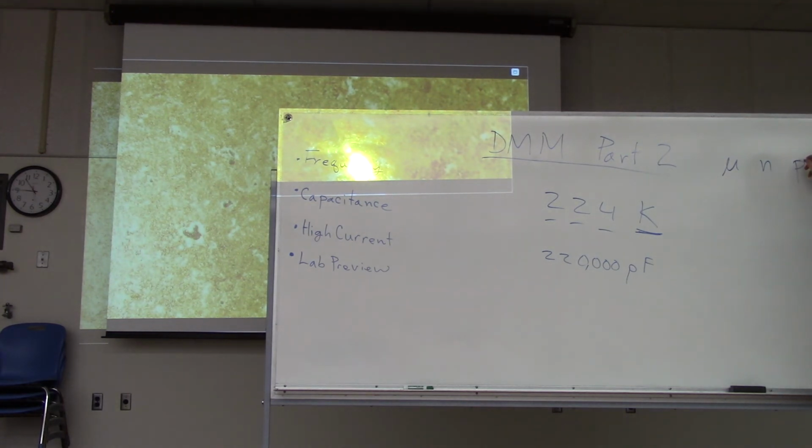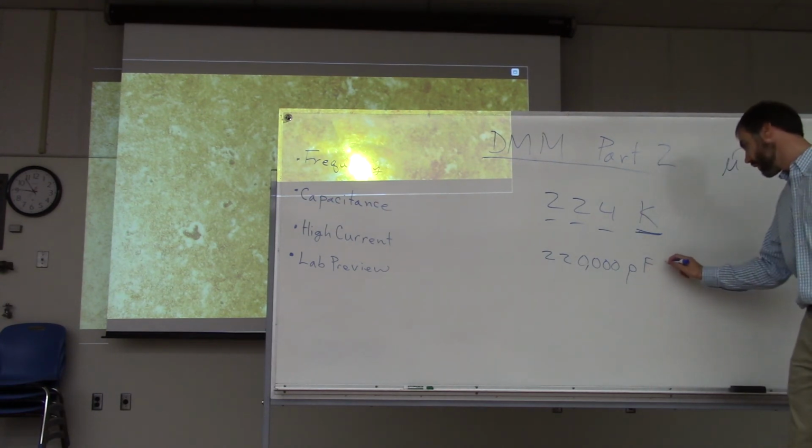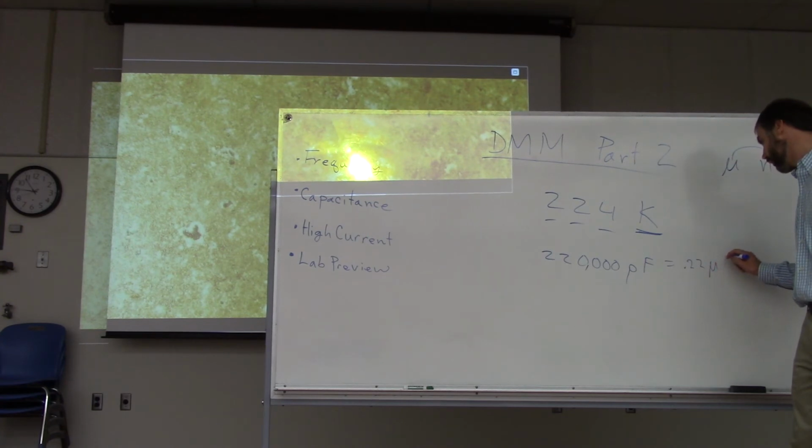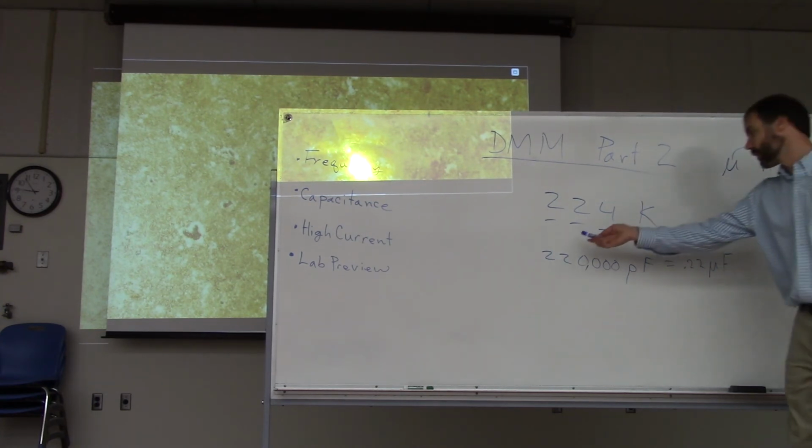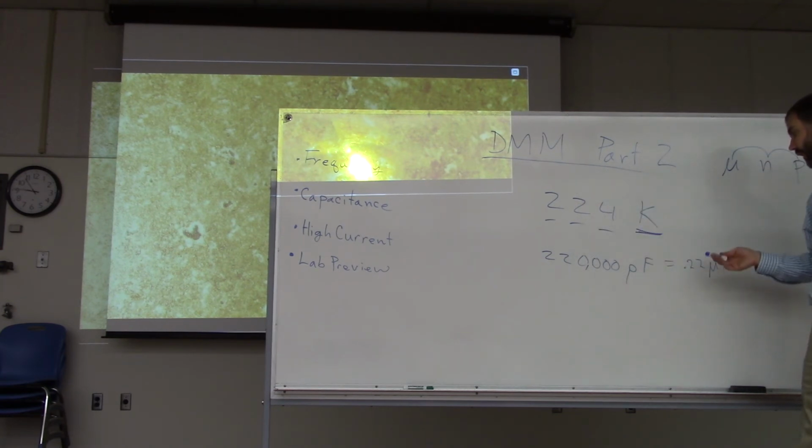So if we want to go from pico to micro, we have to move the decimal place over to the left 6 places. So this would be 0.225 microfarads. So that's what the body is telling us that it should be.